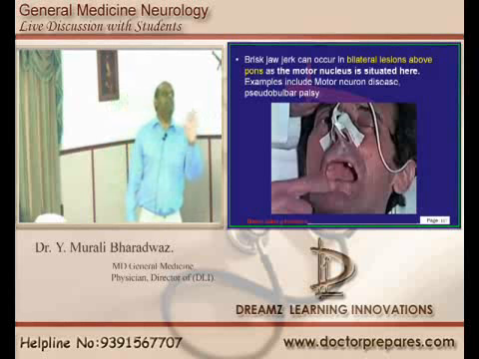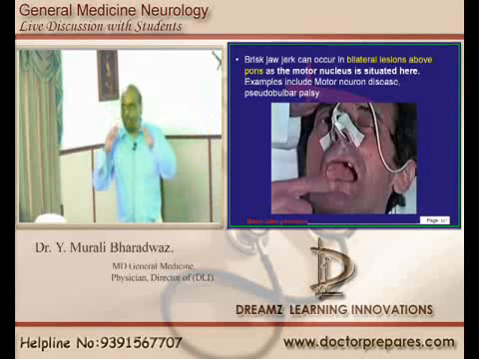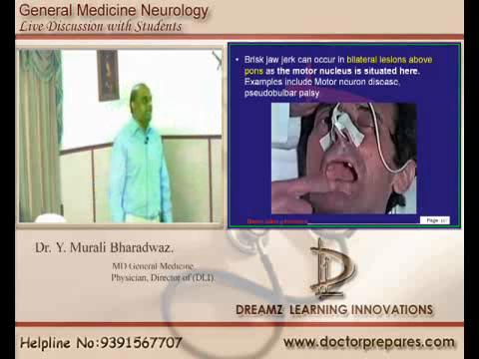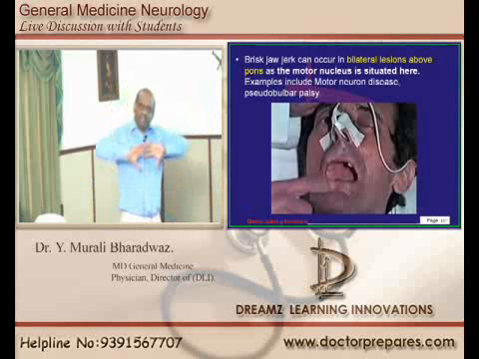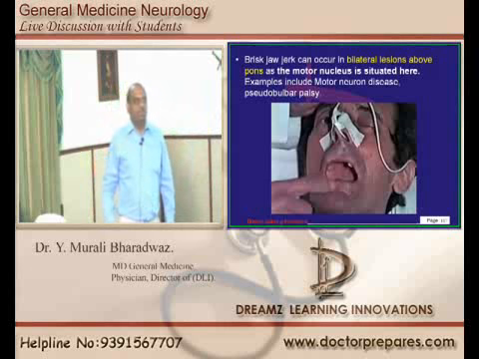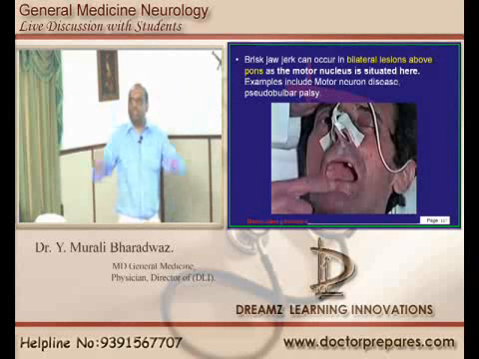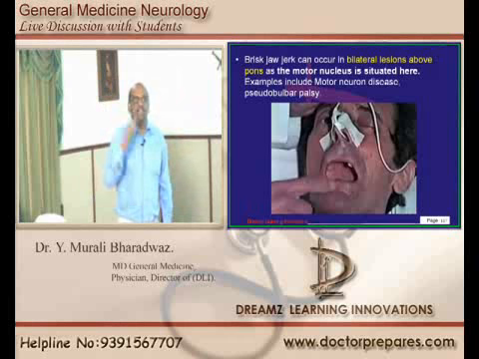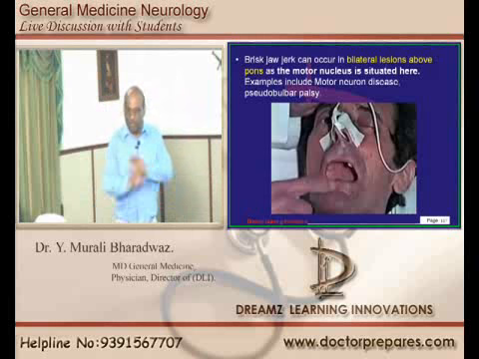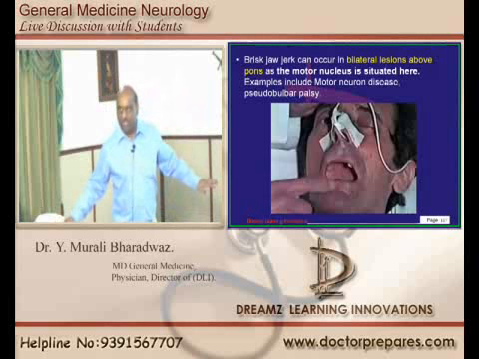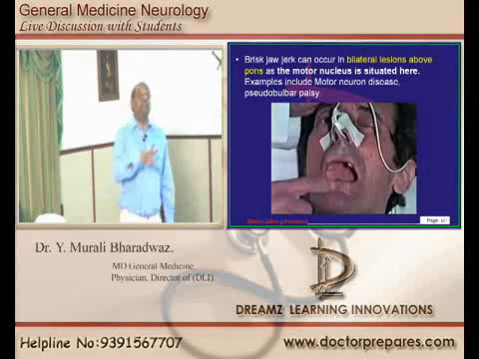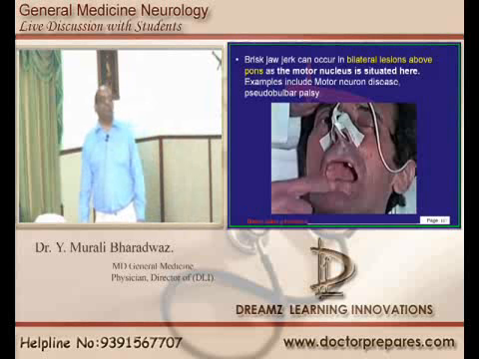That kind of problem can lead to a pseudobulbar situation. Then suppose there is a very diffuse stroke, a lot of areas switched off, on both sides. Otherwise, generally one side will not cause pseudobulbar or UMN type of palsy. Then what is meant by bulbar palsy?